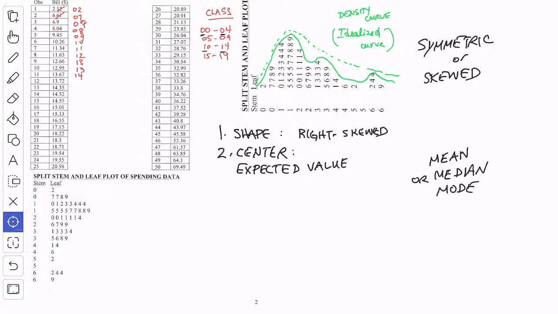The mean is the average. The median is the middle observation, or the middle of the observations. And the mode is the most frequent observation, or the most frequent class of observations.